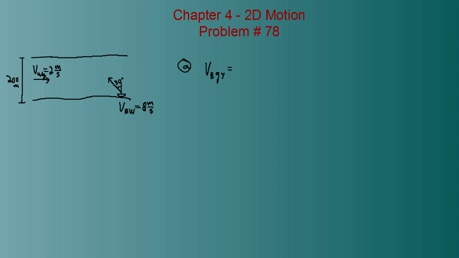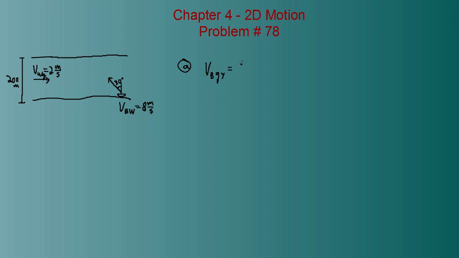So we'll just use the velocity of the boat with respect to the water, and that will also be the velocity of the boat with respect to the ground. One more time, that's because in the y direction there's no flow of the water, so essentially there's no relative motion. There's no V_WG in the y direction. The velocity of the water with respect to the ground is only in the x direction.